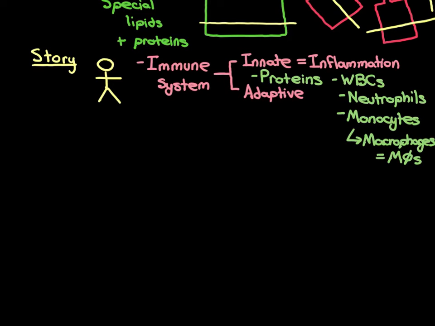And this response is not specific at all to what pathogen you're dealing with. It's the exact same response no matter what type of pathogen you're dealing with. It's a very powerful response, but do realize that it isn't specific at all to the pathogen. Now, this is the normal branch of the immune response that goes first.